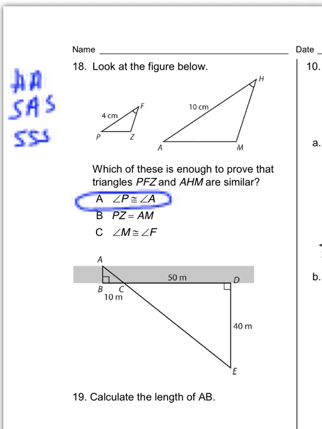And here I would need also side, angle, side. Now the last thing for us to check is angle M and angle F. Well, angle M cannot be marked with 2 marks, while angle F is marked with 1, so I really can't use that. So pretty much the letter A is our answer.